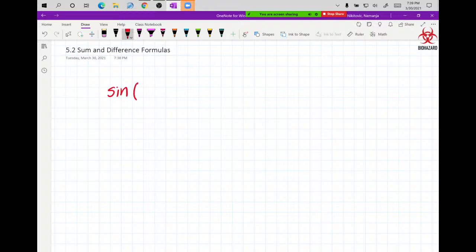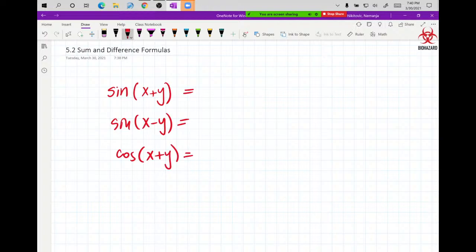So sine of x plus y, sine of x minus y, cosine of x plus y, and cosine of x minus y. So we have these four different formulas.